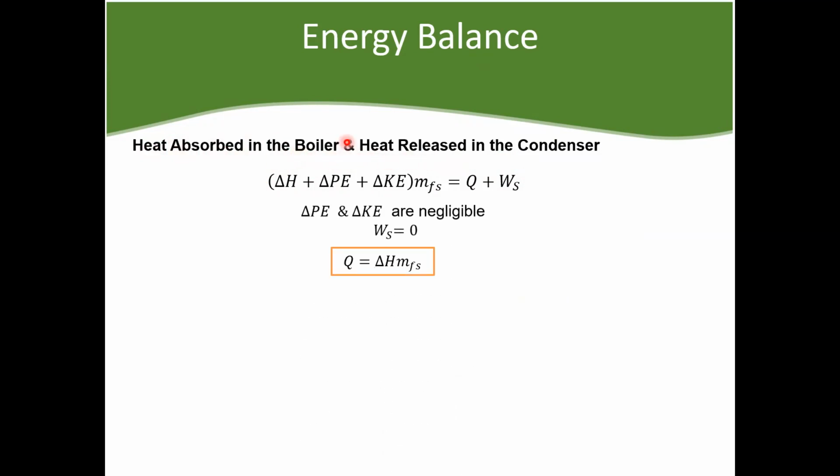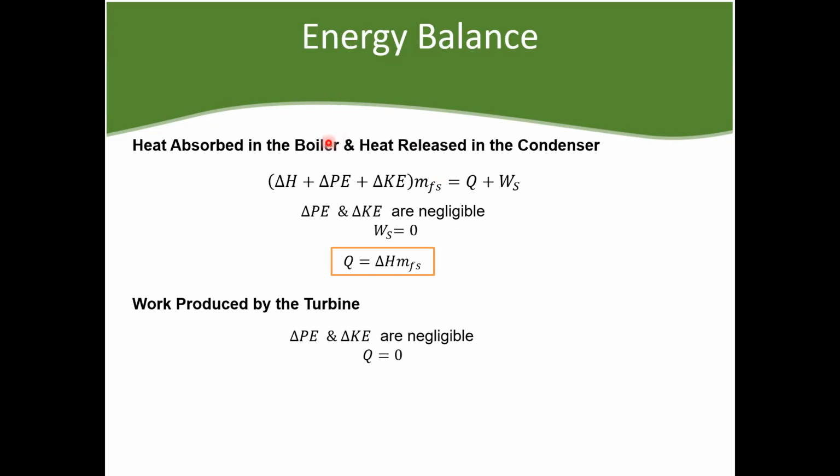In the boiler, we assume that the change in potential energy and change in kinetic energies are negligible. Then there's no work produced in the boiler. So we're left with Q equal to change in enthalpy times the mass of the flowing stream.